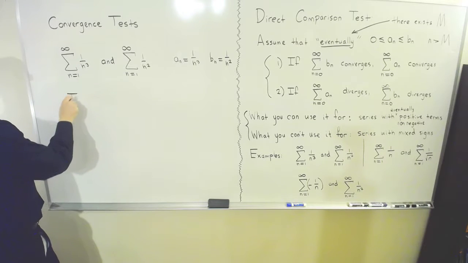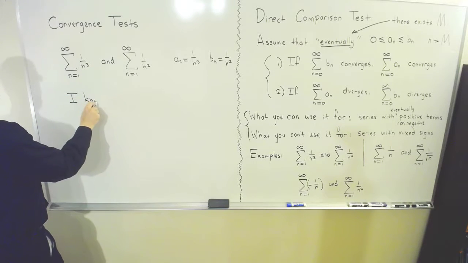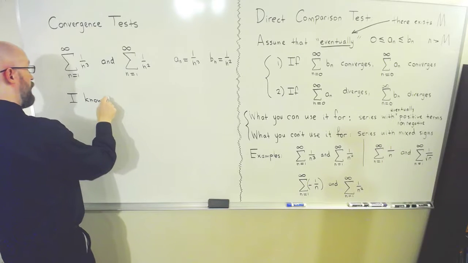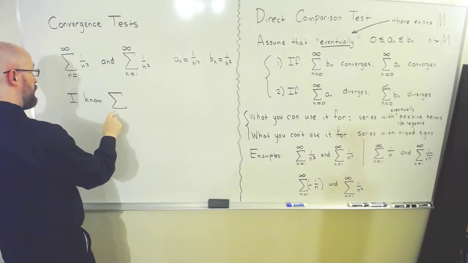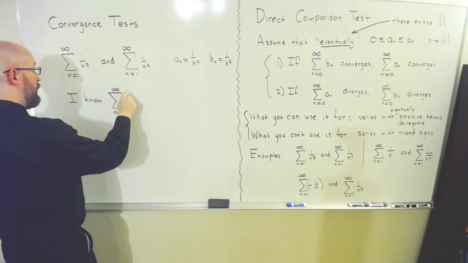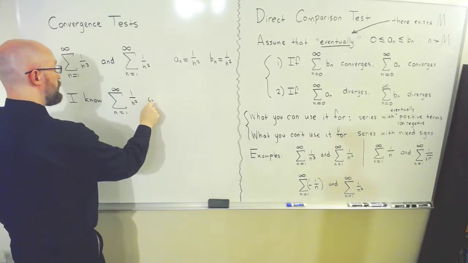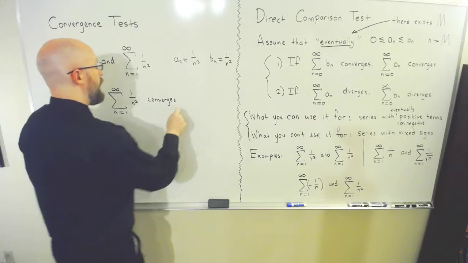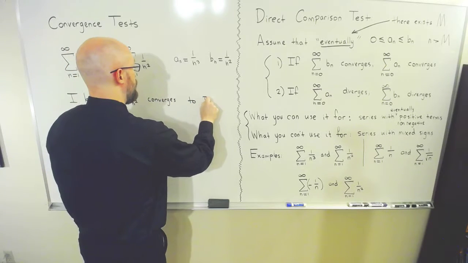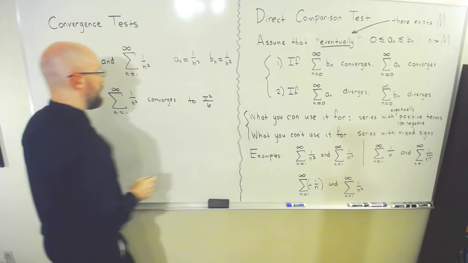Now I know that this one, 1 over n squared, converges, and I know what it converges to. I actually know it converges to pi squared over 6.